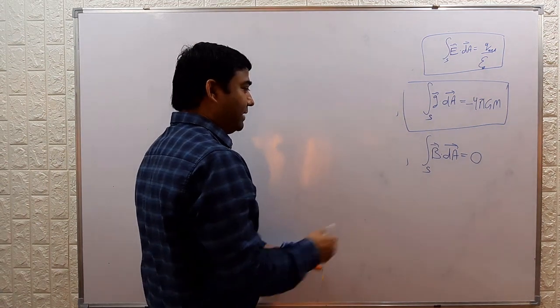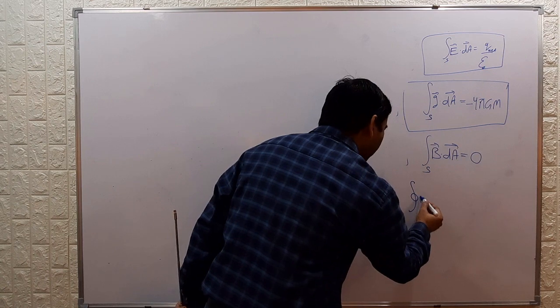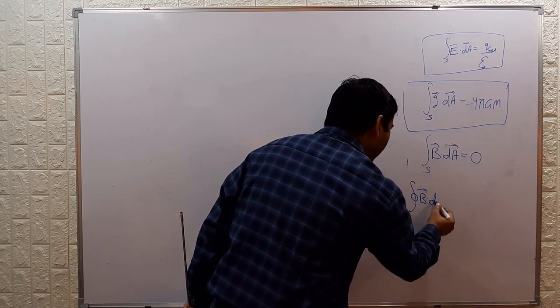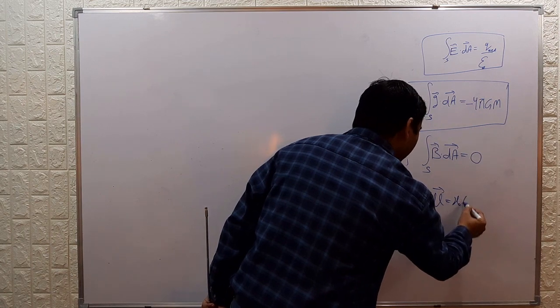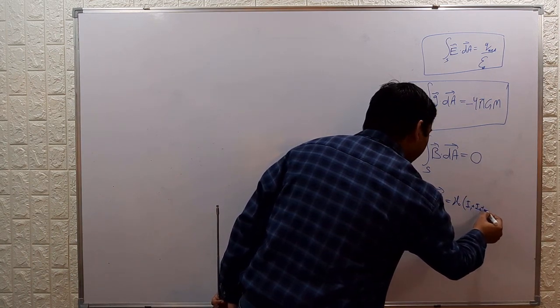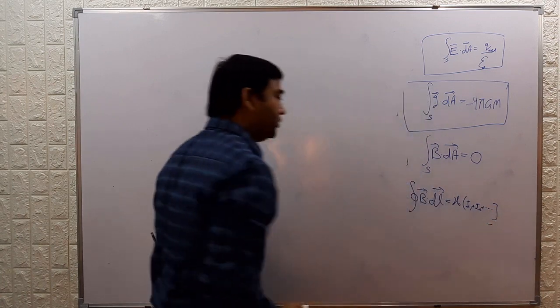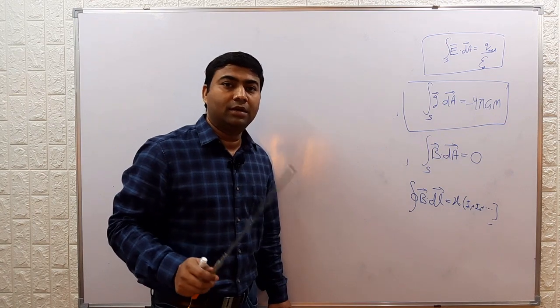So we can write Ampere's law: circulation of B dot dL is equal to mu 0 times I1 plus I2 plus, the sum of all current flowing through the imaginary closed curve.